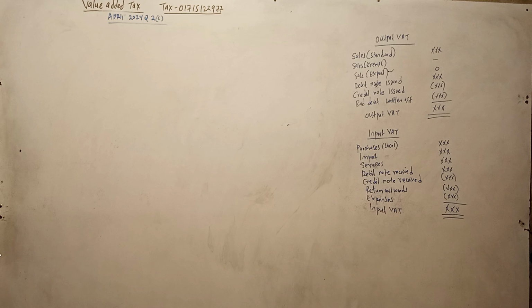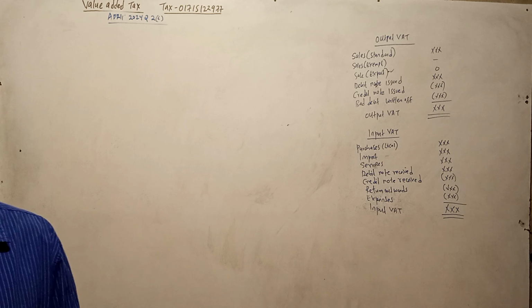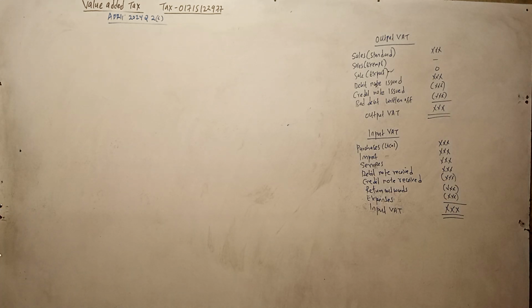So information number 1, the VAT account established that the standard rate purchases were understated by 20%. So that one, we need to consider it later. And then what else do we need to consider?